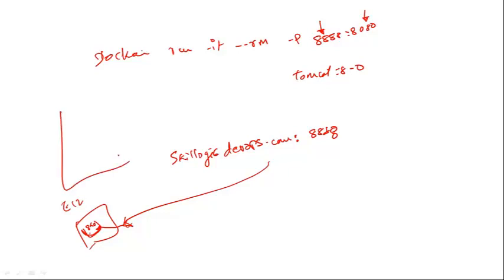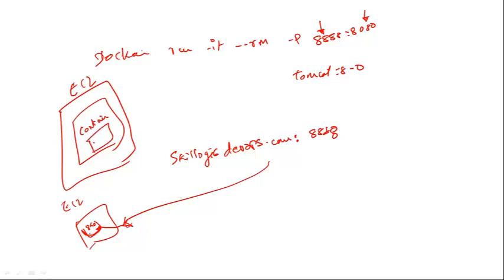I can draw bigger. So we have the EC2 host, with a Docker engine running in it, and a container running in that. Within the container, you have your Apache Tomcat application server running. So this 8888 passes the request to the container, because that's the external port.